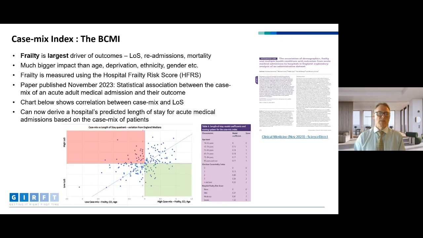So from that we've been able to aggregate up a number of case mix indicators into the case mix index. We can then show the overall case mix of a patient aggregated up to a hospital, but we can also derive what the predicted length of stay is for that hospital given its case mix of patients. Next slide, please.